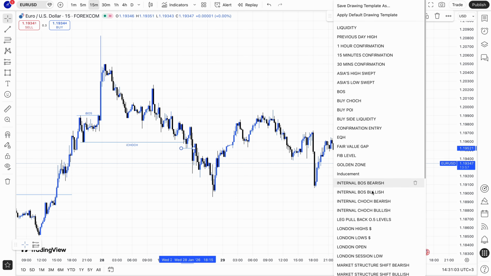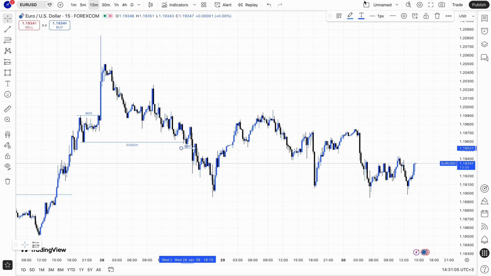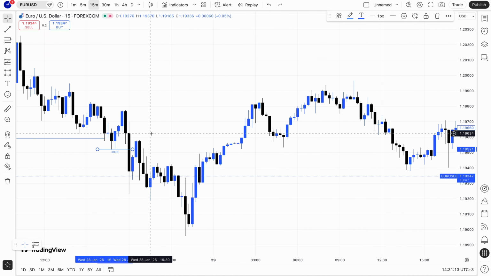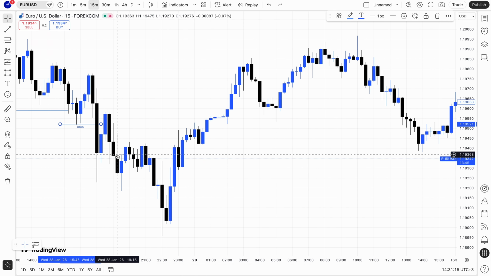Any slight mistake, you read the price. This is a break of structure to the downside. Once it is 1, 2.